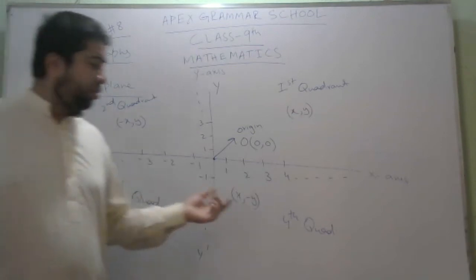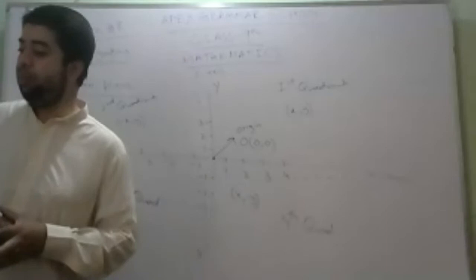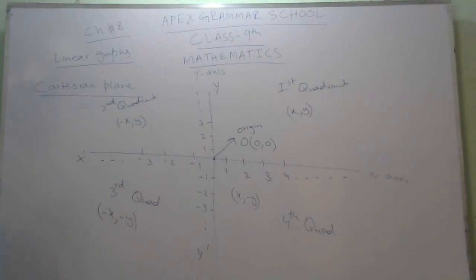Whenever x value is positive but y is negative, we need to draw it within the fourth quadrant. So you need to learn these things through which you can easily draw the graph. Now, after clearing these concepts, you can easily solve exercise 8.1.